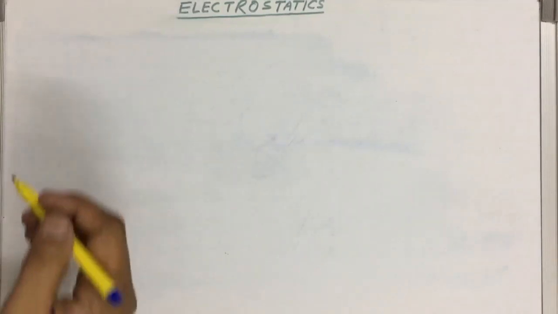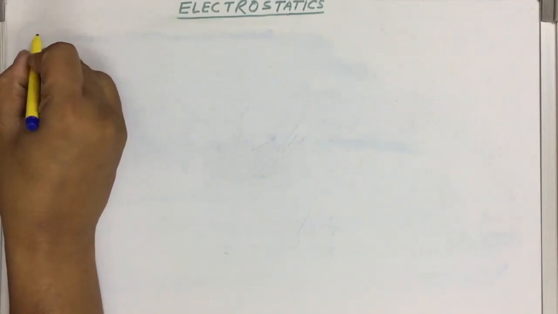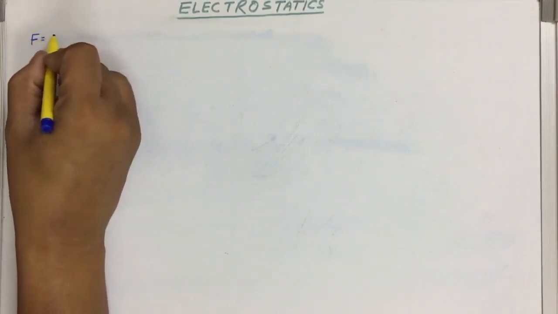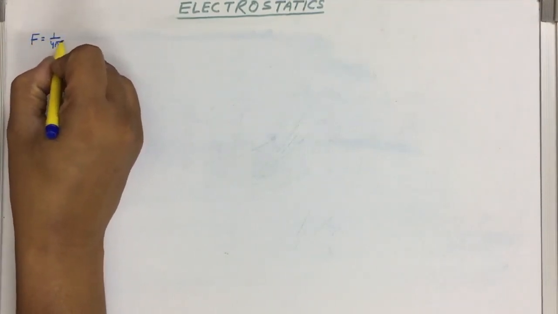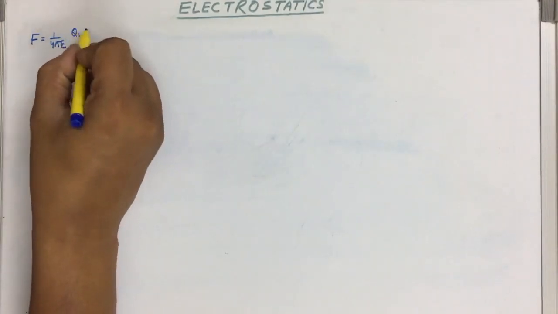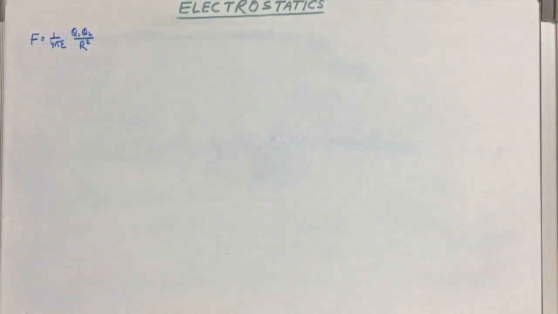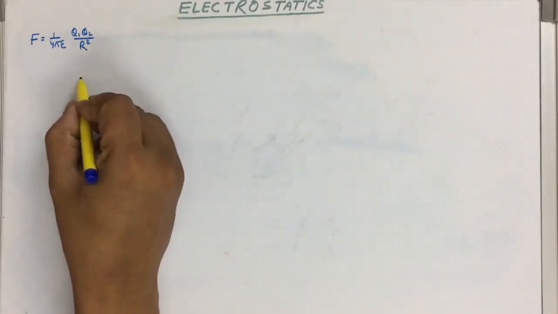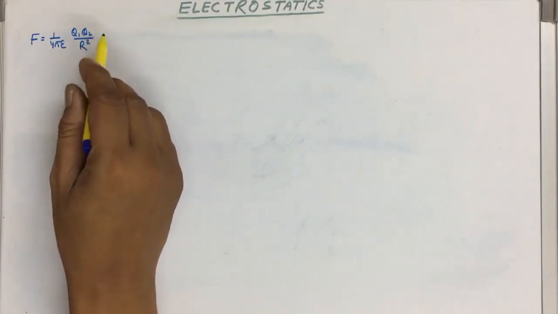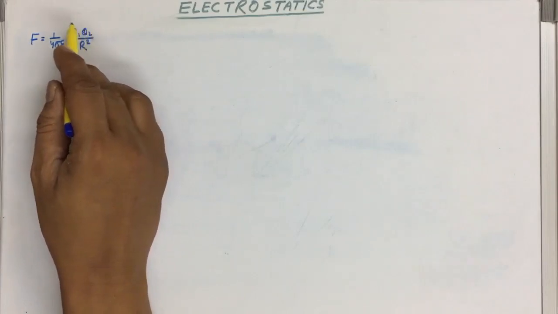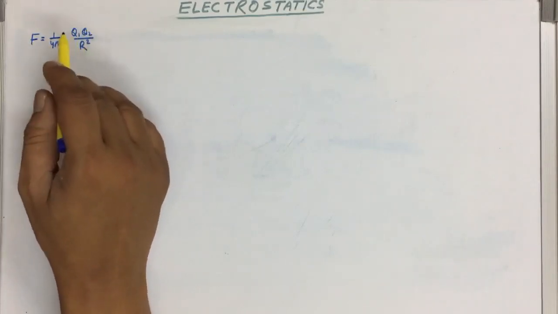The force that we find from Coulomb's law is 1 by 4 pi epsilon q1 q2 by r square. For example, consider 2-point charges. Before that, let us see, this is not a vector quantity.